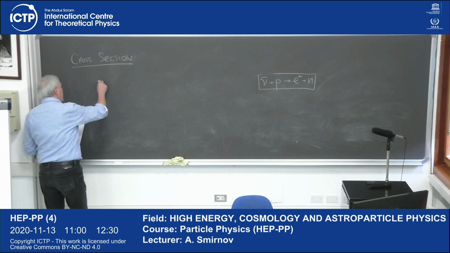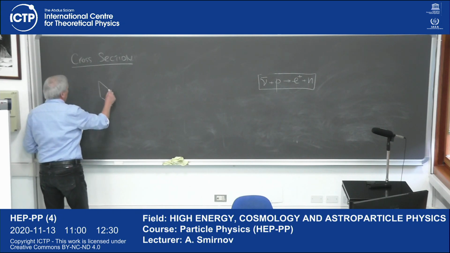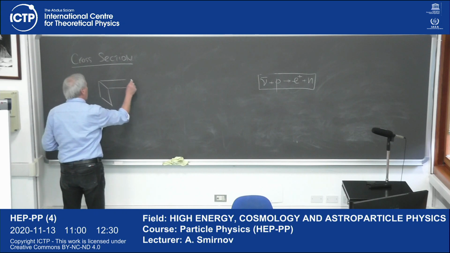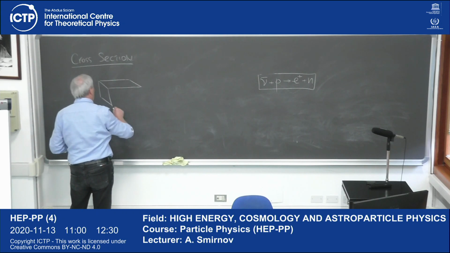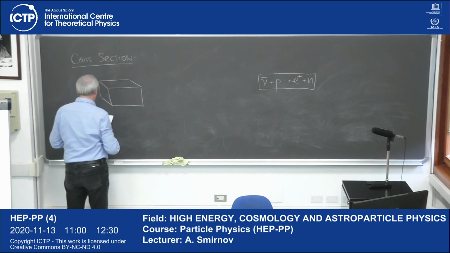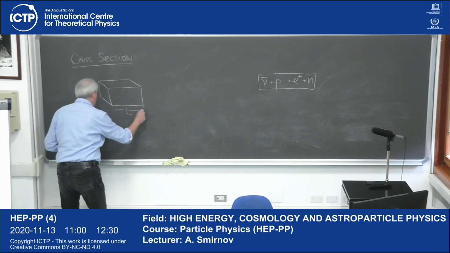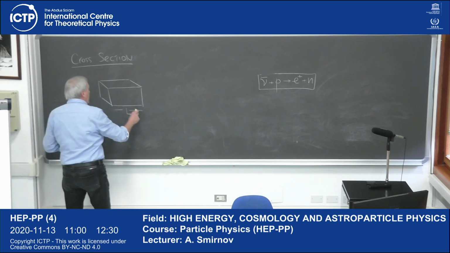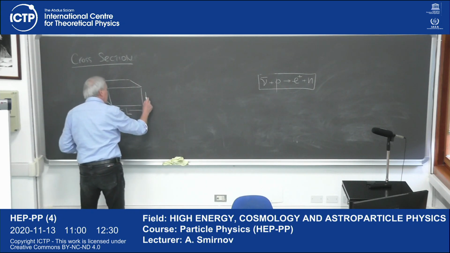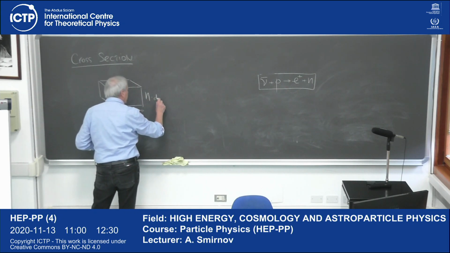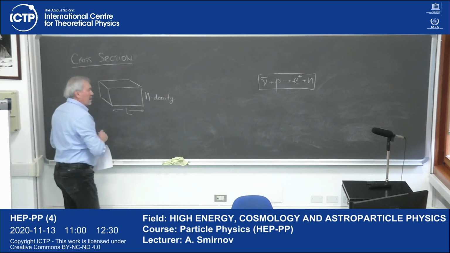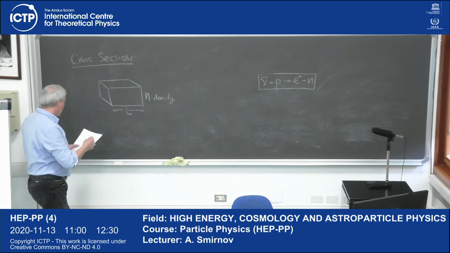Suppose you have an amount of matter, so it's your detector, of length L, so this is the length, and density n, so this is the density of particles on which, say, our neutrino interacts.